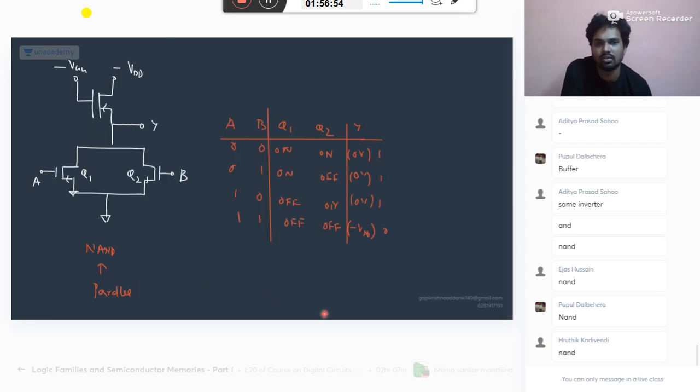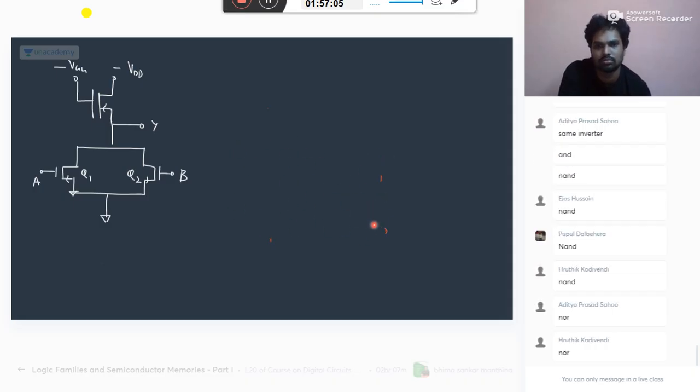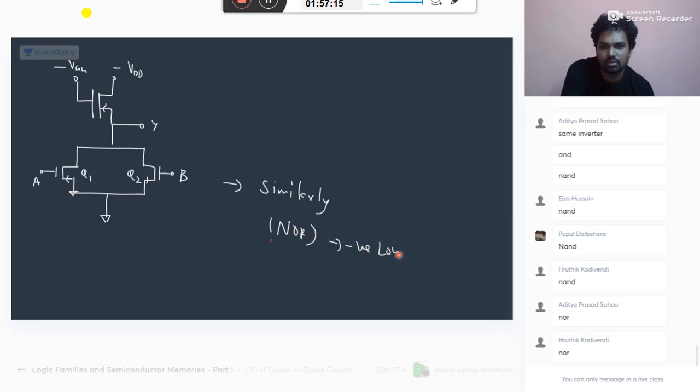And this, I'm not doing it. You can understand similarly. This can be written similarly: it will be a NOR gate in negative logic. Okay, conclusion.